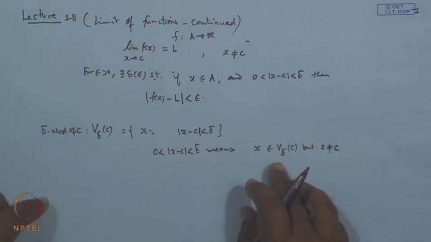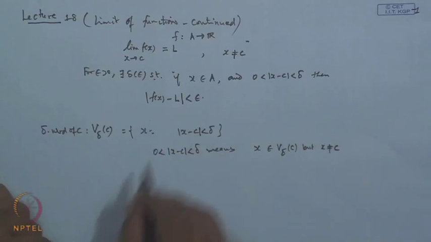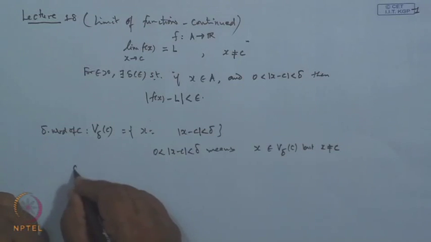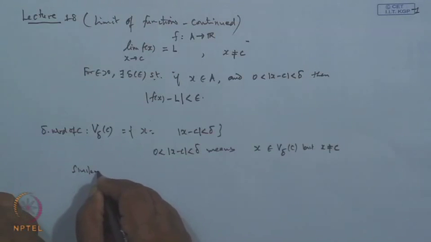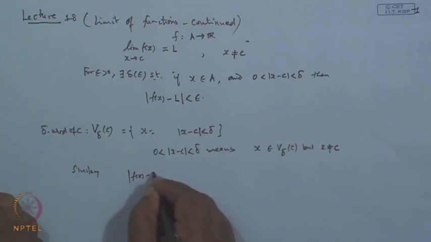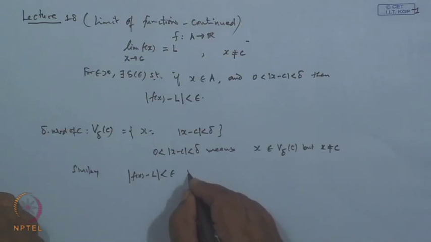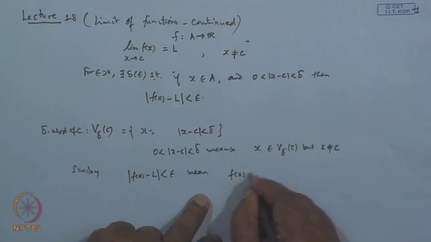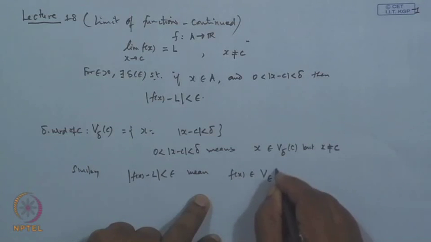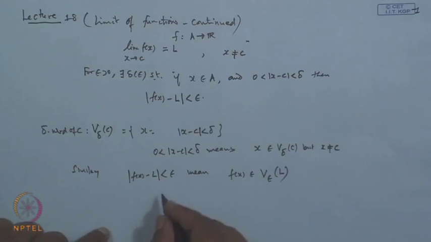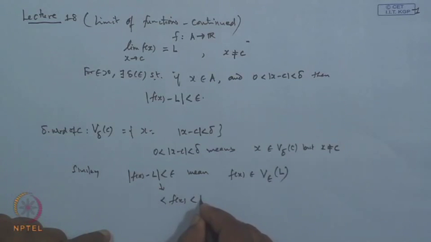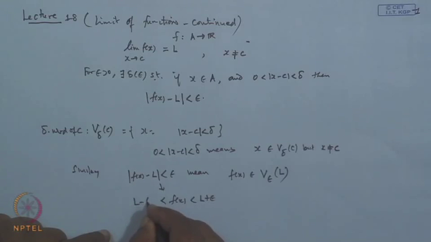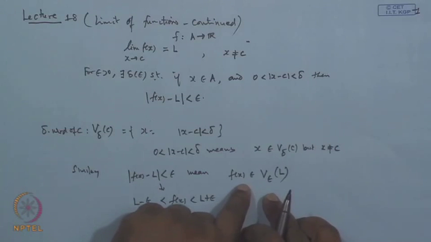So, it lies in the delta neighborhood of c, and similarly, |f(x) minus L| less than epsilon means that f(x) belongs to the epsilon neighborhood of L, because the meaning of this is that f(x) lies between L minus epsilon and L plus epsilon.